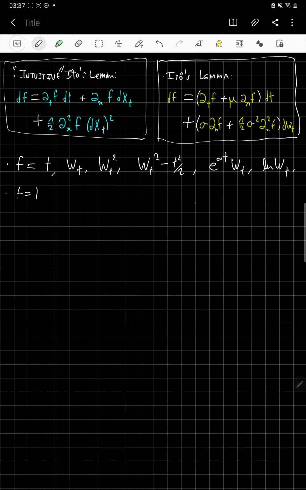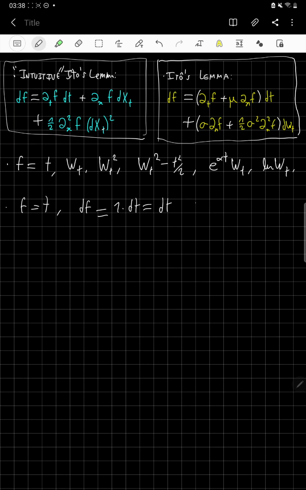Let f equal t. Then let's apply this one, and that's just going to be, f equals t, df. We apply the first one. All the x derivatives are 0, so it's just going to be 1 times dt.